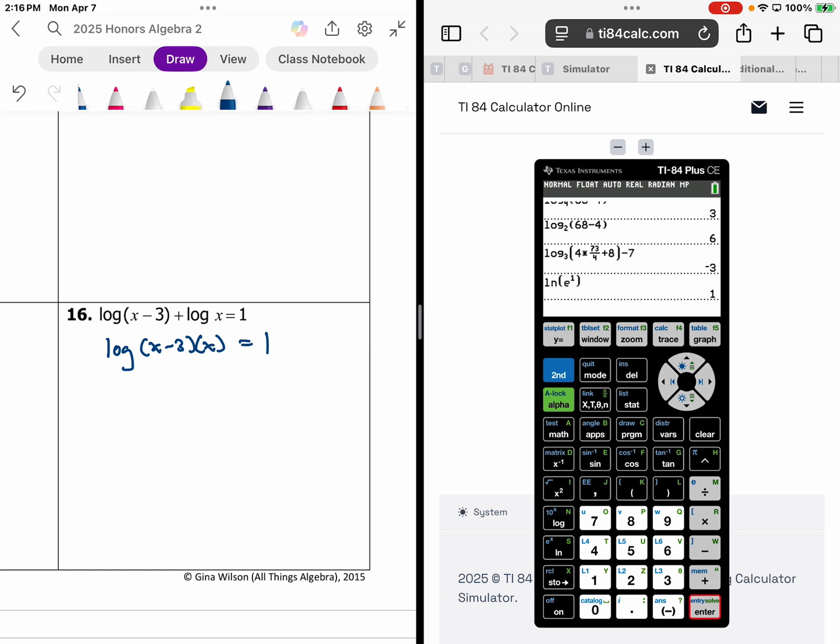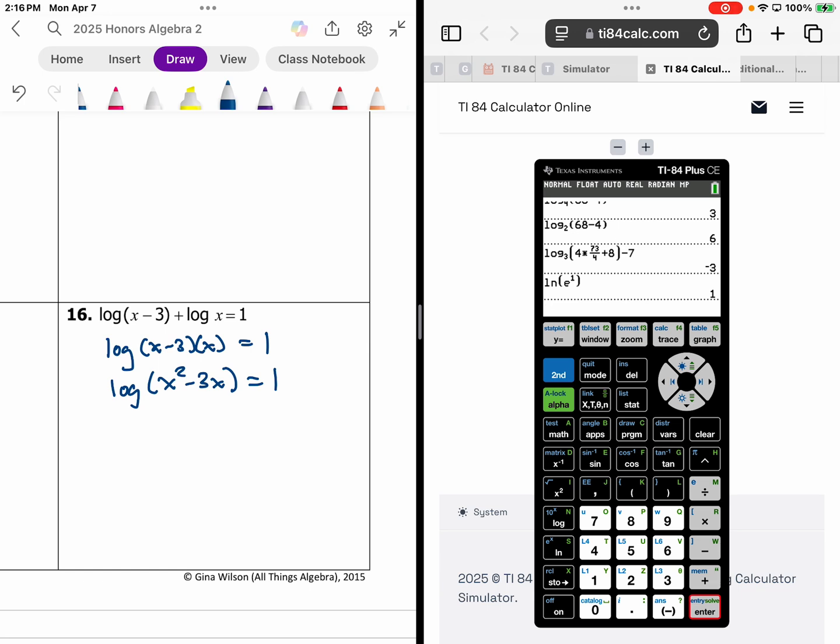Since I am adding the two logs together on the left side, that means I get to multiply the two things together that are after it as I condense. So this becomes the log of x squared minus 3x equal to 1. Now we rewrite this in exponent form.